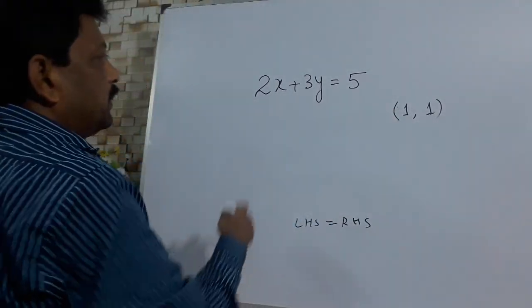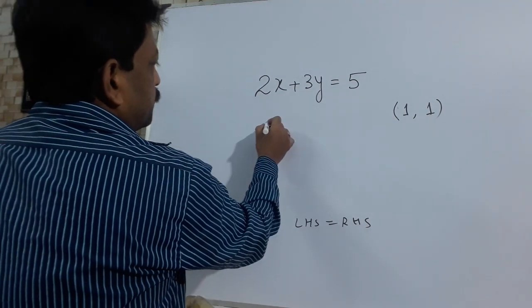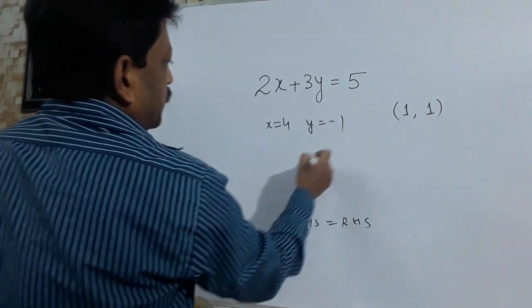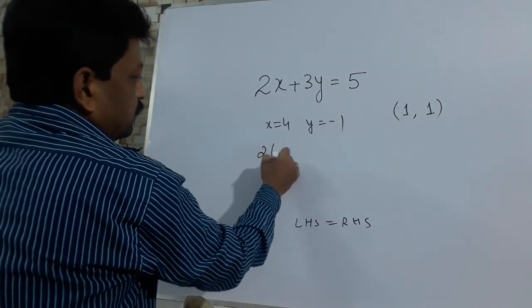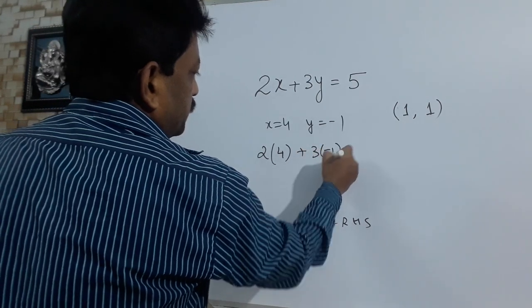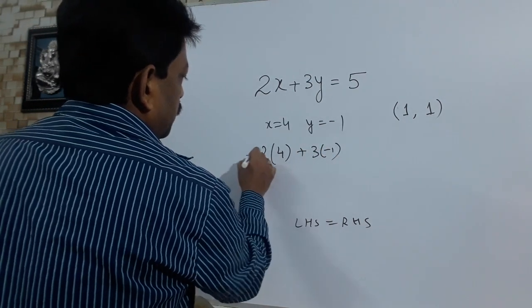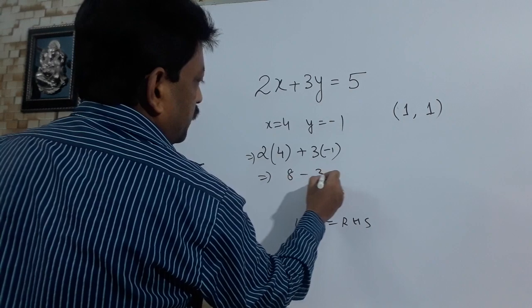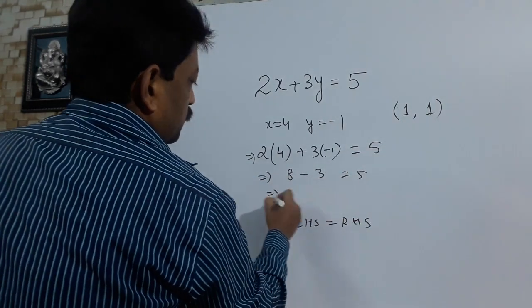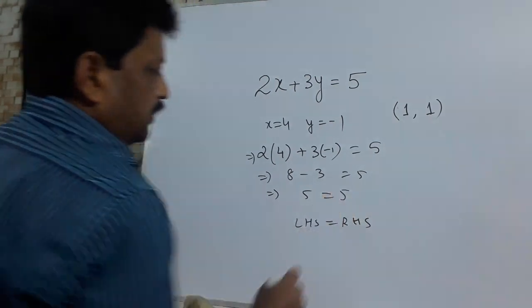Now let us take another value of x. Suppose x equals to 4 and y equals to minus 1. Again, if we replace this, so 2 into 4 plus 3 into minus 1, that means 8 minus 3. So 5 equals to 5.